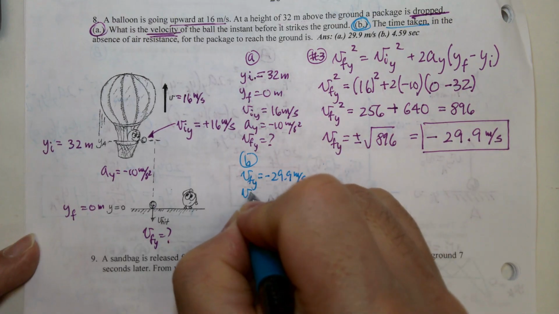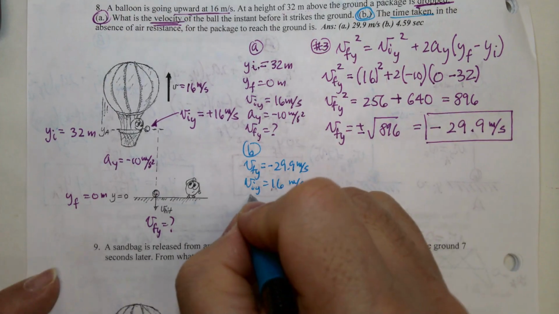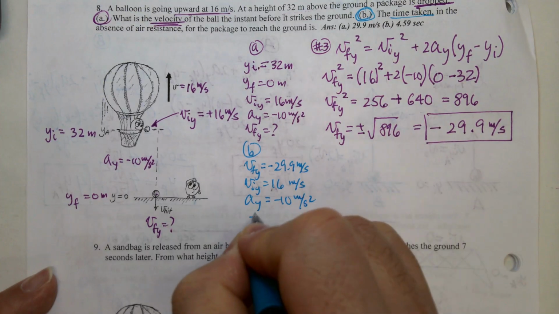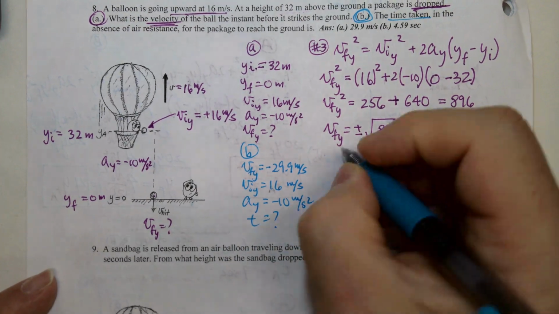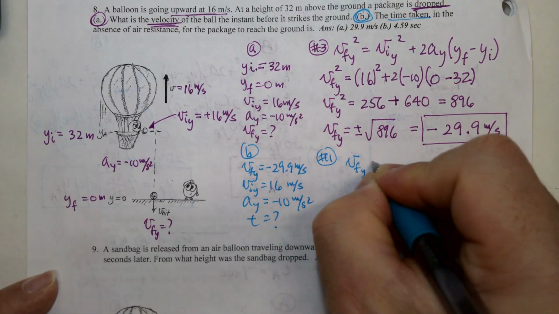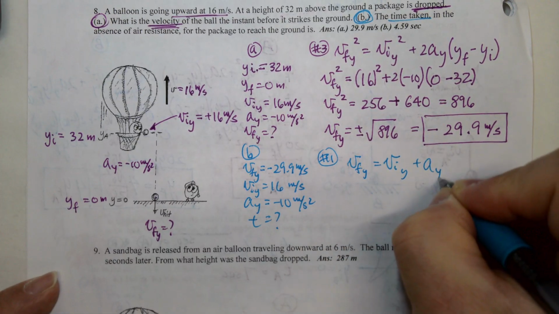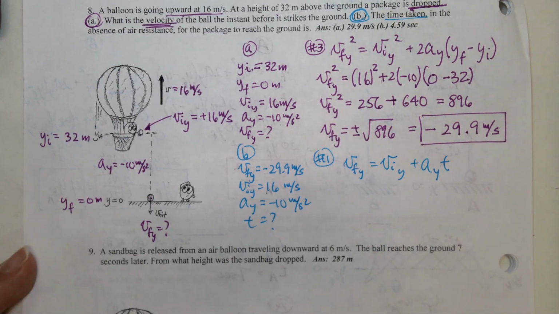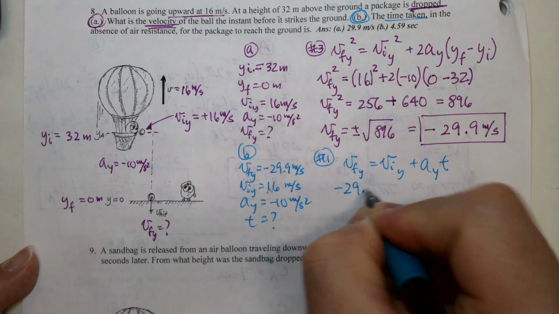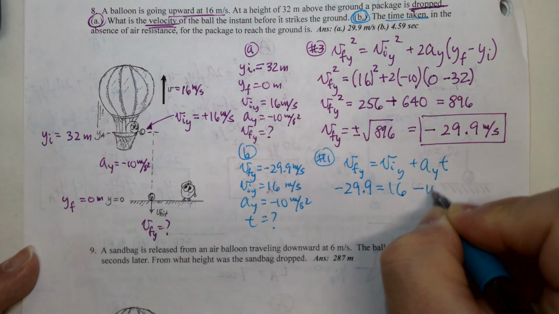We know VIY is positive 16 meters per second. We know A sub Y is equal to negative 10 meters per second squared. I can find time using equation number 1, which is VFY equals VIY plus A sub Y t. VFY, negative 29.9, is equal to 16 minus 10t.